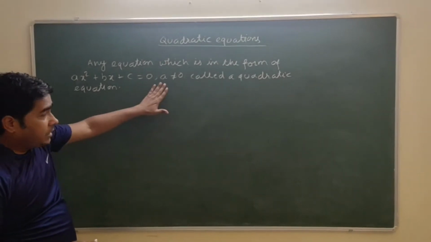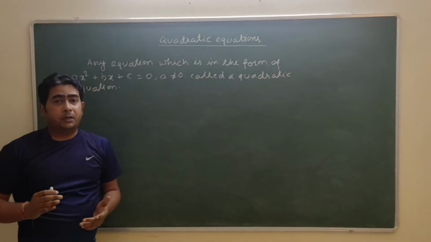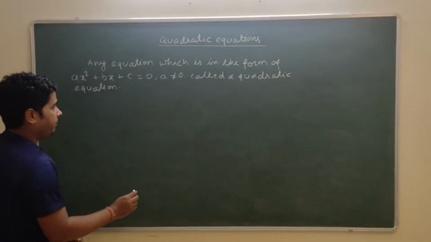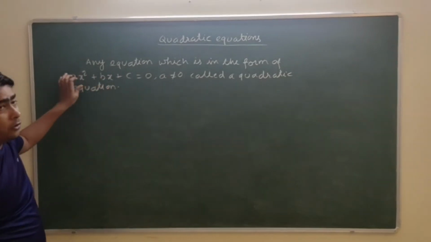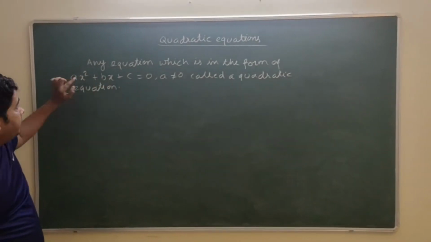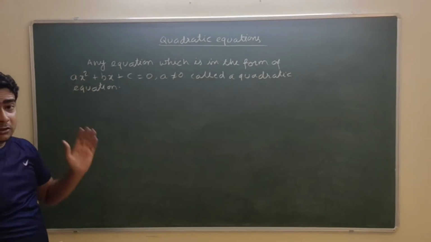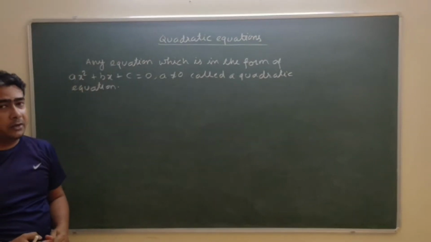This a is also called the leading coefficient. Why? Because this a actually decides the degree of the equation. It is related with the term which defines the degree of any equation.